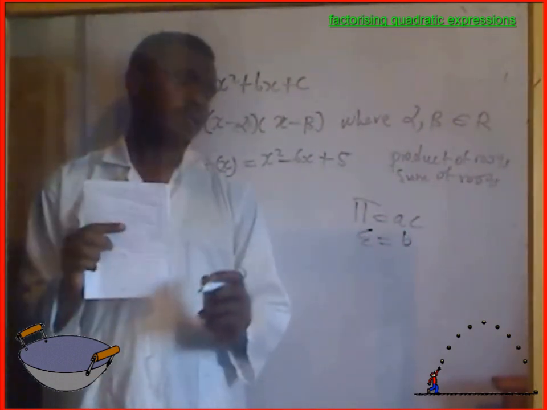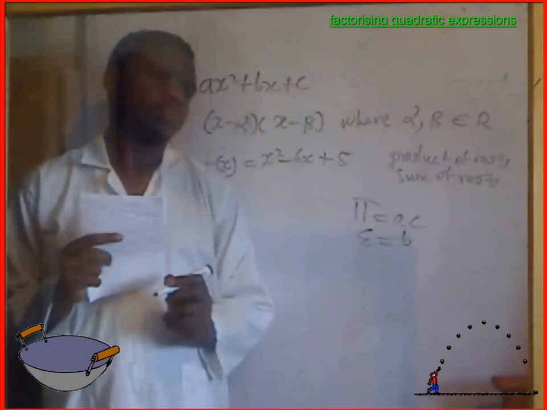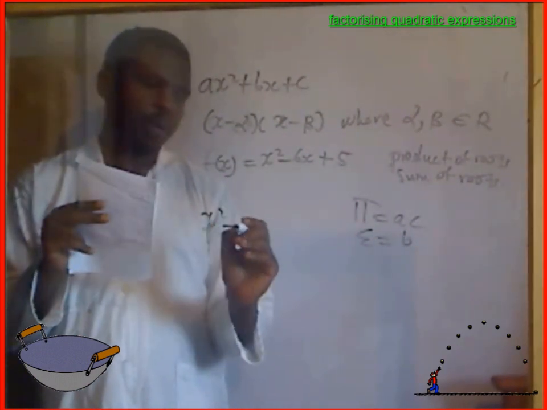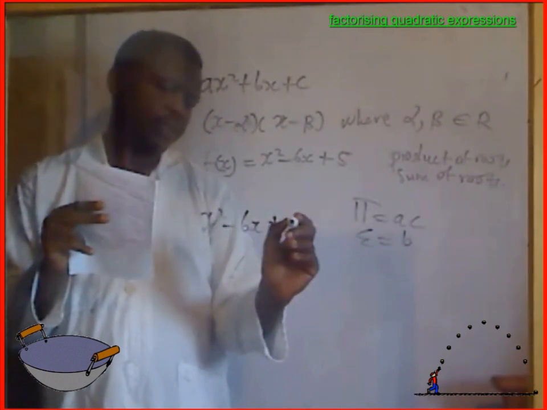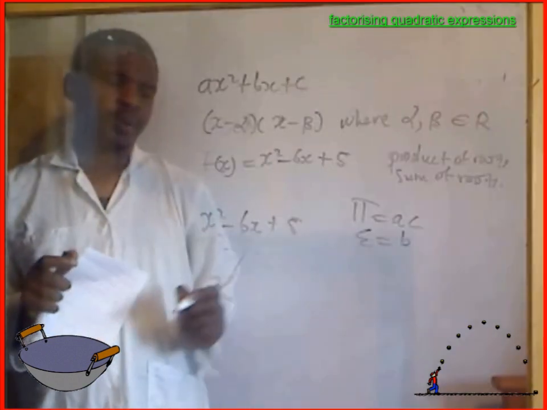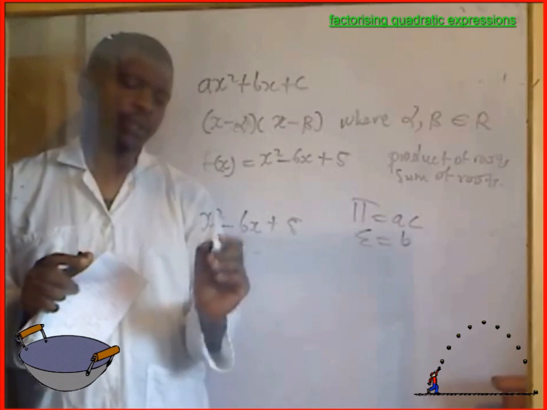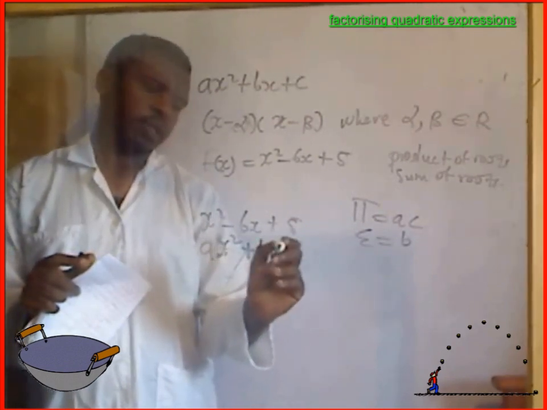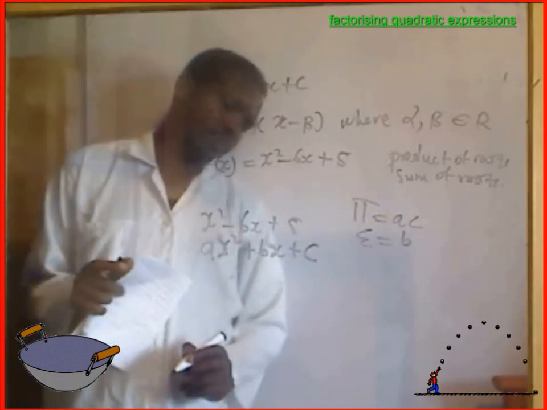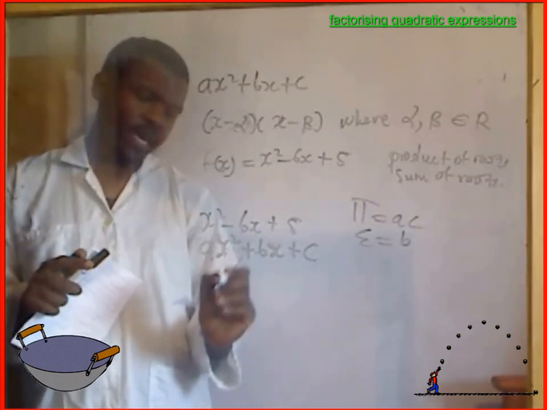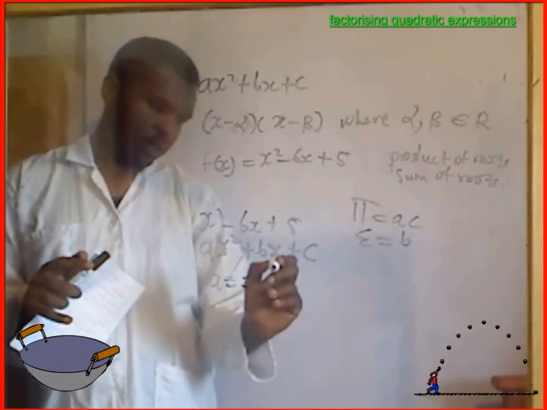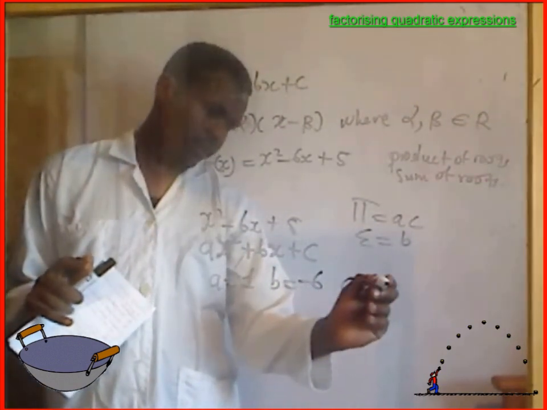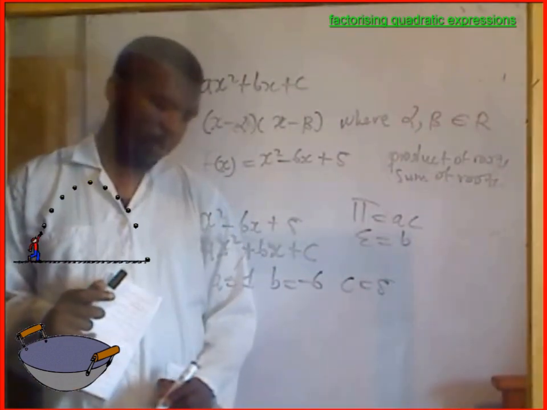So now, if I take this expression, x squared minus 6x plus 5, I compare it to my general quadratic function ax squared plus bx plus c. I find here that a is equal to 1, b is equal to minus 6, and c is equal to 5.